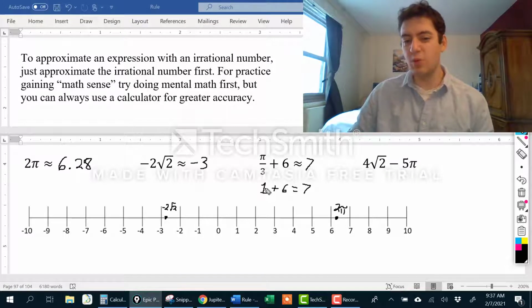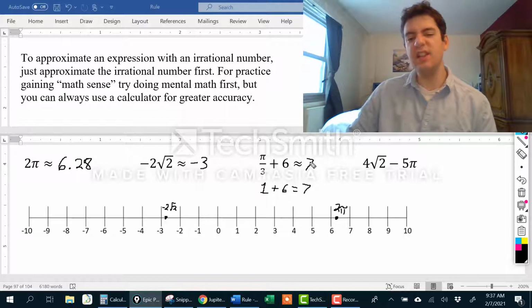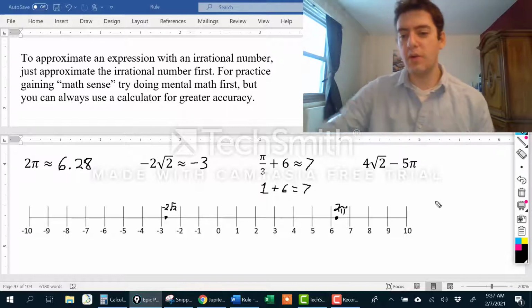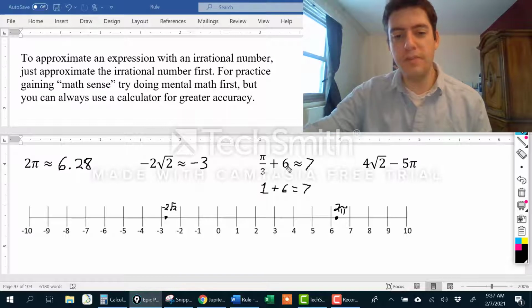It's not exactly 1 like I used down here. It's a little bit more than 1. So if I take a number that's a little bit more than 1, and then I add 6, I'm going to get an answer which is a little bit more than 7. Okay, so pi over 3 plus 6, maybe about here is a reasonable approximation on the number line.